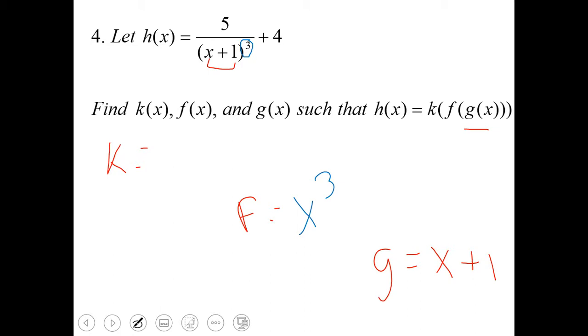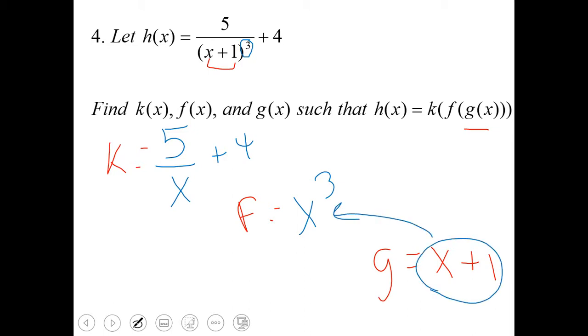Well, then what has to happen after that? It has to wind up on the bottom of the fraction, and then I have to add 4. So how do I say put it on the bottom of the fraction? I have to have a variable there. Again, very easy to check. Is this right? If I put the x plus 1 into here, I get (x plus 1) cubed. If I then take that whole quantity and put it into here, I get exactly what I'm looking for.